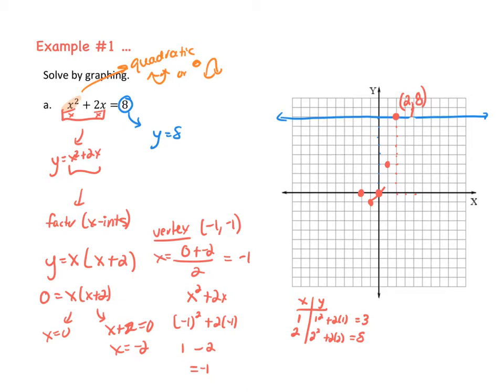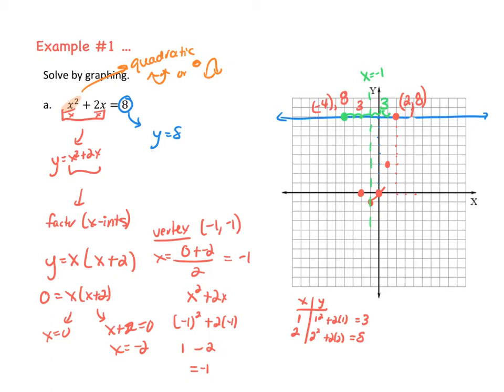So now we can just use symmetry to find the other point, right? If we know the axis of symmetry has the x value of -1, this point here was 3 away on the right. So if we go 1, 2, 3 away on the left, this point should also have the output of 8, which I'm going to label in red again, just so we know it's a solution. If I started at -1 and traveled 3 to the left, that would be -4.